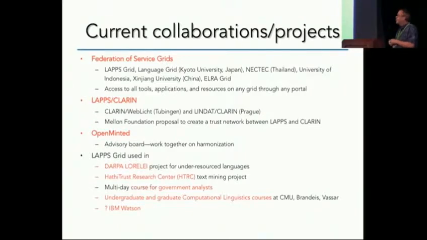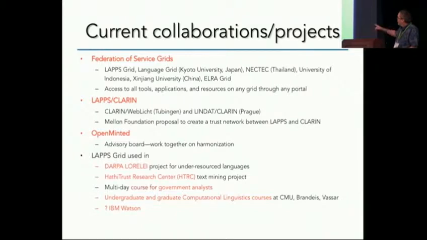Well, we have just been notified that we have received that Mellon grant to develop a trust network between the Clarin network, which is in Europe, and the language application grid, so we can log in with common Internet2 standards, and they can be assured that when somebody logs in that we know who they are and that they belong to a research institution or a commercial enterprise, whatnot.